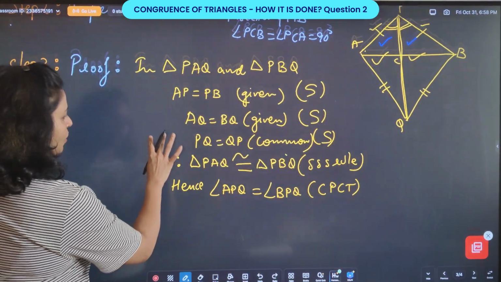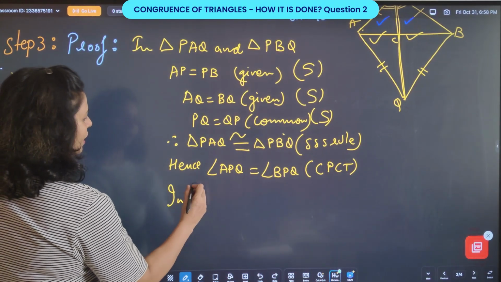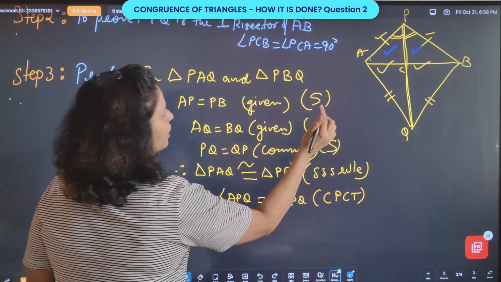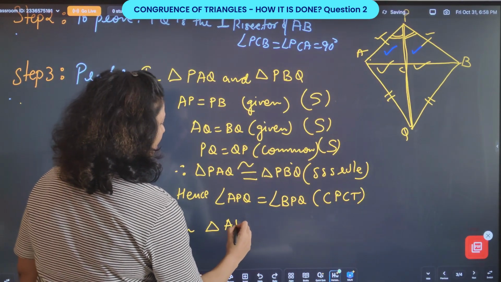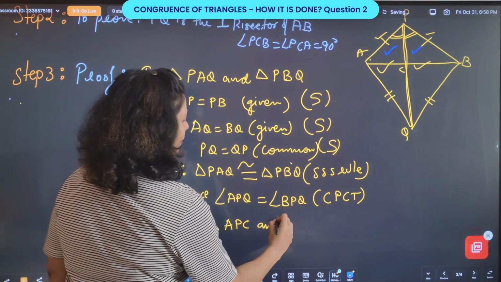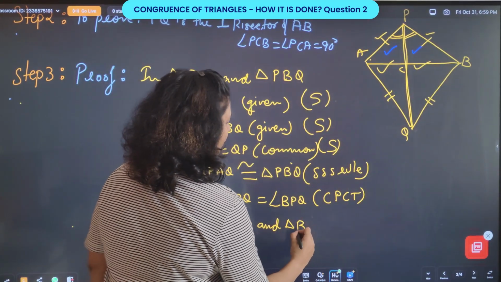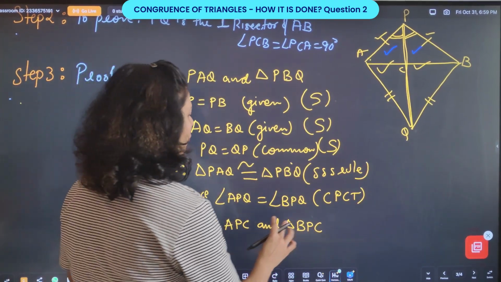All right, so now I will take triangle APC and triangle BPC. What is given to us?